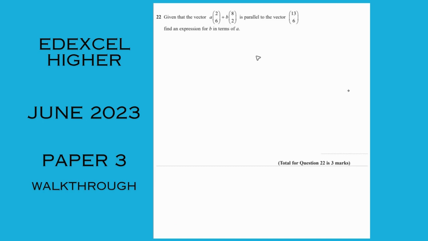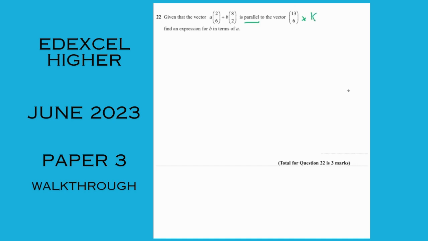Strange one for number 22. Kind of resembles a couple of other simultaneous equations questions you might have seen, and it is kind of that, but it's got the extra thing, it's parallel. Now, parallel means it's in the relationship of 13/6, but it might be bigger, it might be smaller, or in other words, there's a multiplier.